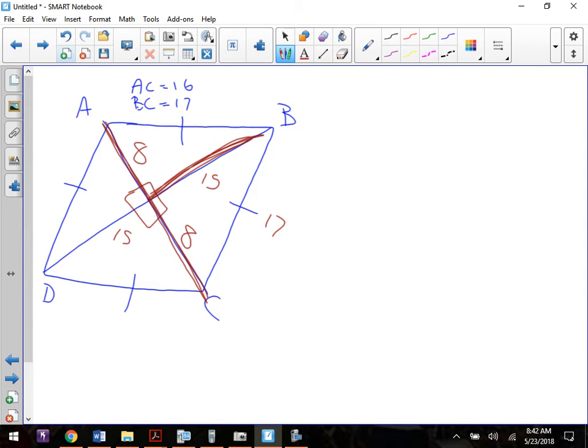Now, the area of a rhombus is equal to 1/2 diagonal 1 times diagonal 2. Well, in this case, our diagonals are 16 and 30, so 1/2 of 16 times 30.